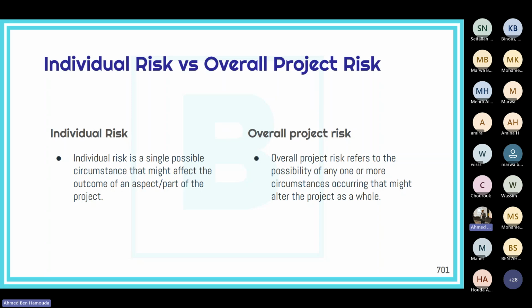An individual risk is usually a single possible event which might affect the outcome of the project. An overall project risk is the possibility of any one or more circumstances occurring and impacting the project as a whole. So that's the difference between an individual project risk and an overall project risk.